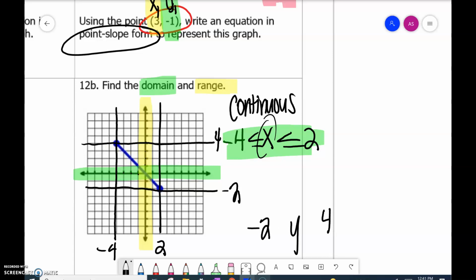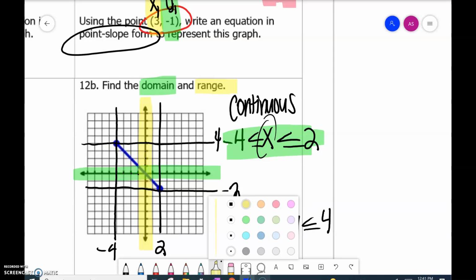I'm starting at -2 and we had a closed dot, so I'm going to have a less than or equal to sign here, and then a less than or equal to sign here. So this reads that my y values are greater than or equal to -2 and less than or equal to 4. And that's going to be my range.